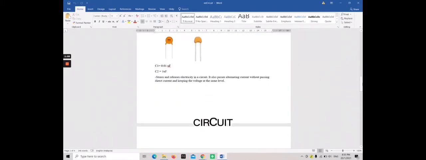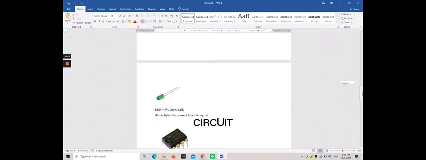Next, the capacitor. We use a capacitor as shown in the image. The capacitor is used to store and release electricity in a circuit. It also passes alternating current without passing direct current and keeps the voltage at the same level.